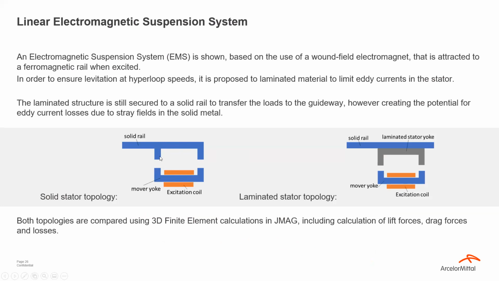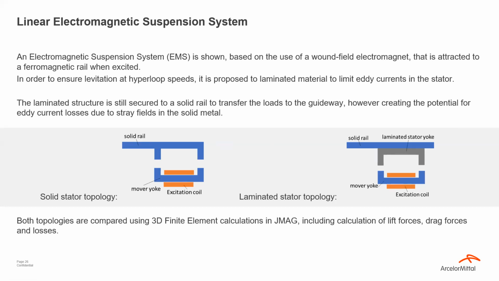And then you create, in fact, an induction effect against the solid rail. But what happens when you do this at the high speeds that we're talking about now is that you get too much eddy currents circulating. And therefore, we've proposed a solution where you have a laminated stator yoke that counteracts these effects, but you still work with an excitation coil on the pod side.